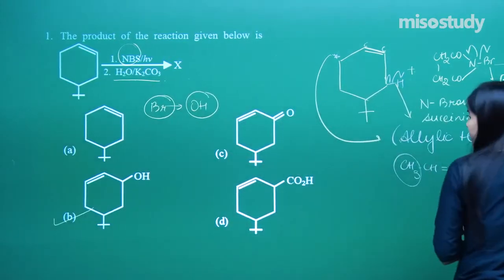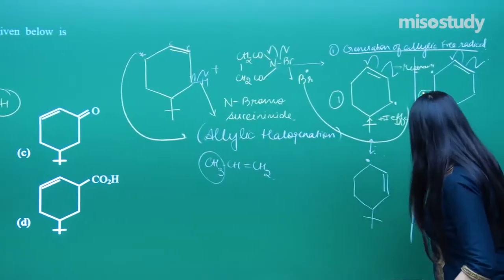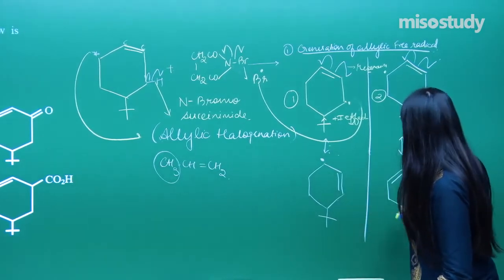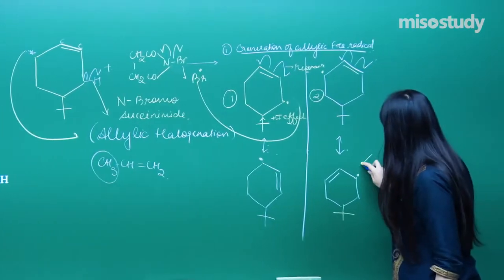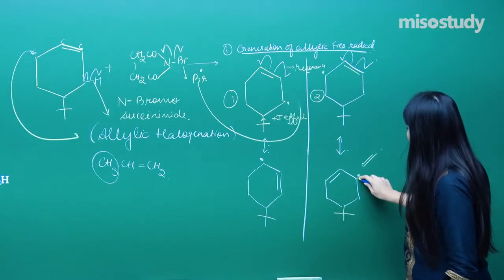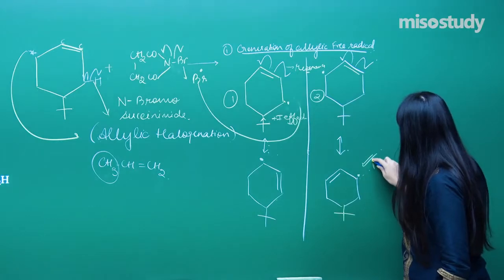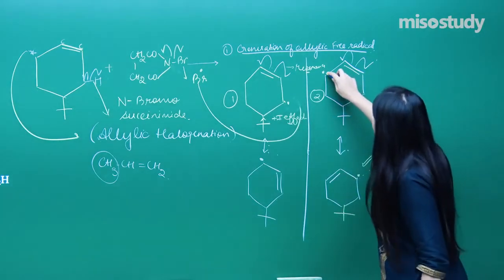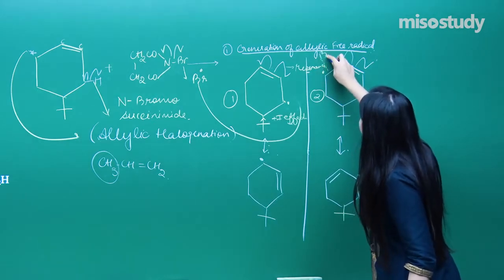So we get this option like, okay, now if you have the stabilization here in this case, it would be something like the bromine attached over here, or else I can have a bromine attached over here.